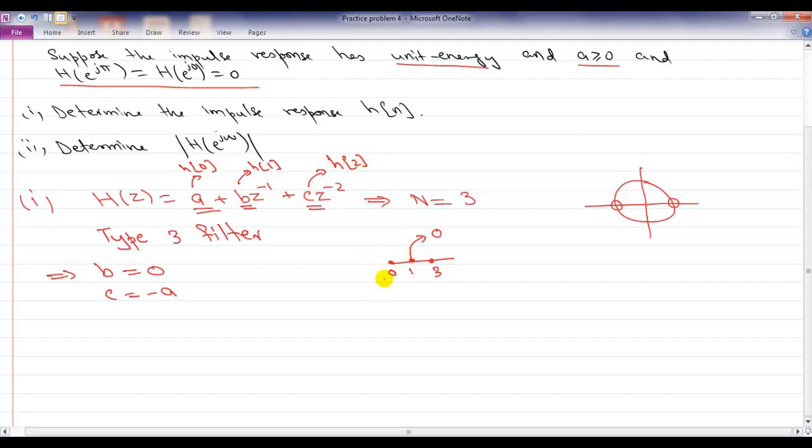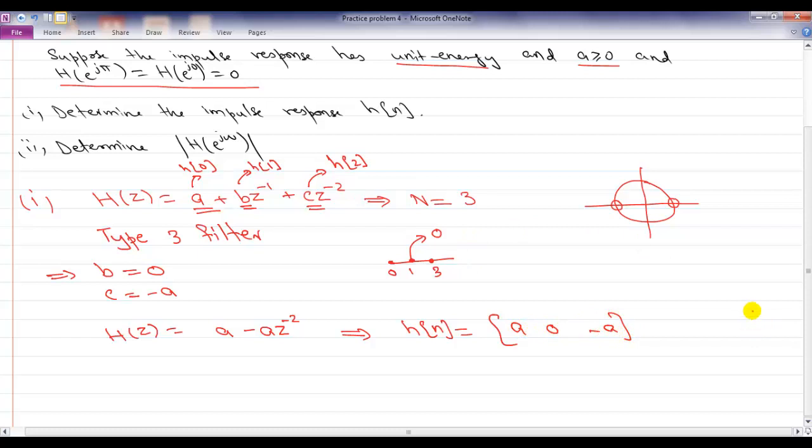So, since it's anti-symmetric, my middle part has to be 0. So now my H(z) is simply A plus minus A z to the -2, which means that my h[n] is simply equal to A, 0, minus A.